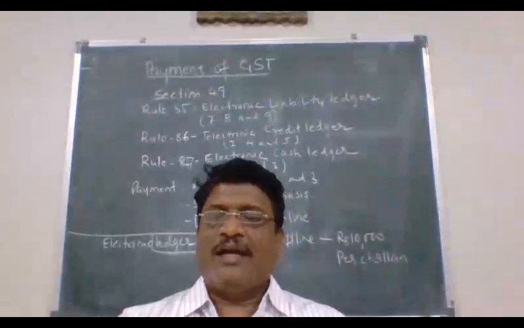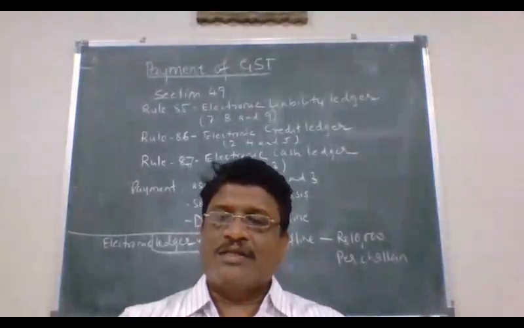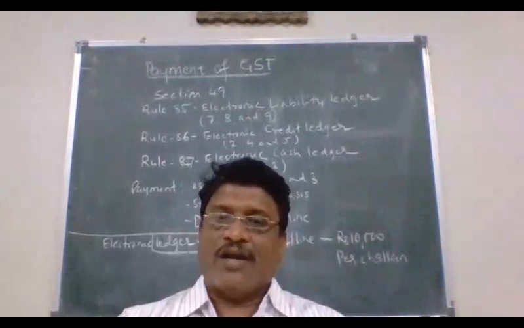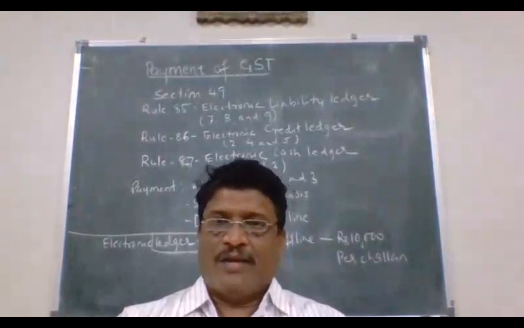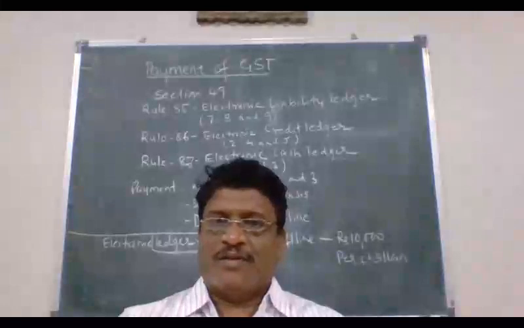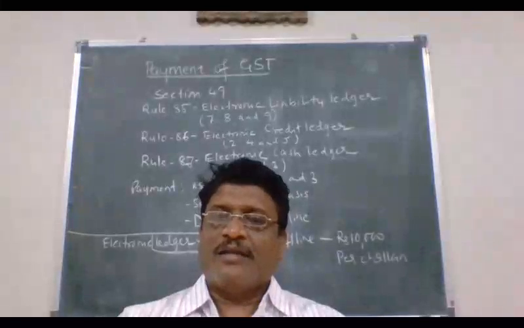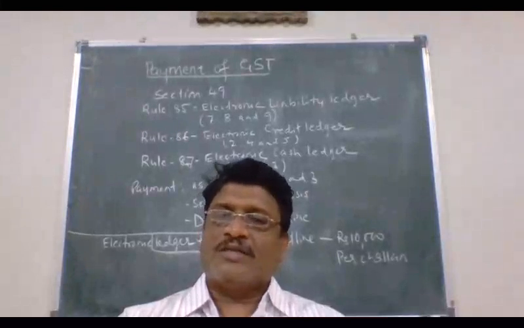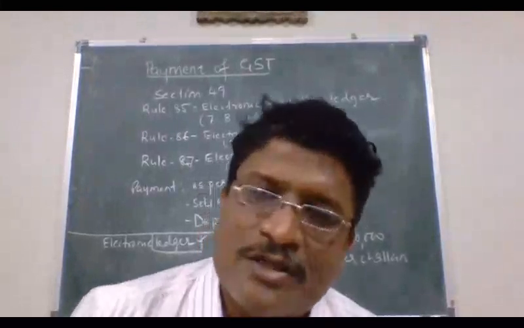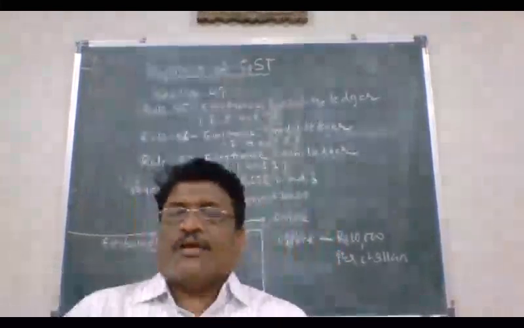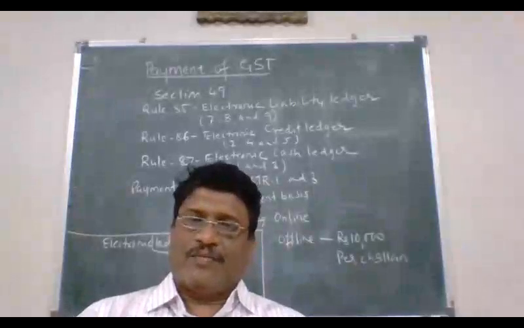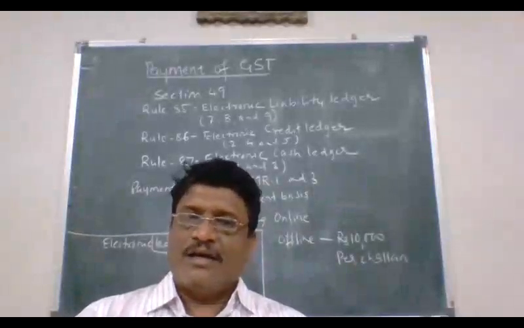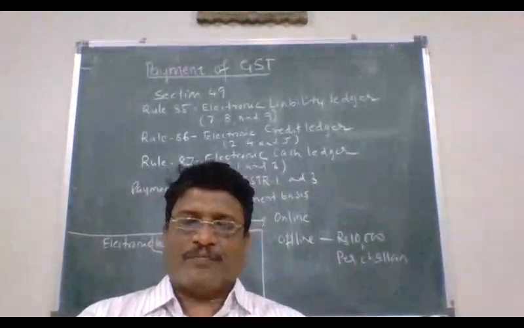This deposit is always made online. There is no offline payment, there is only online payment. The payment is made through the GST portal, the common portal. There is one common portal, or one common website, through which the payment has to be made by the registered dealer to the government.